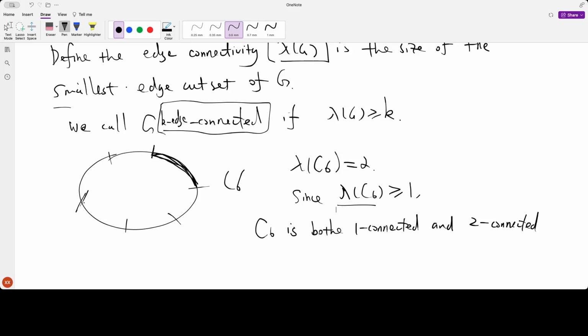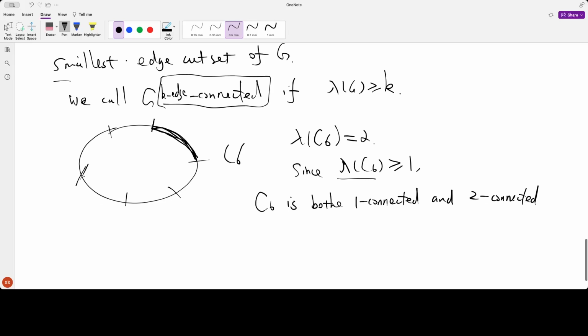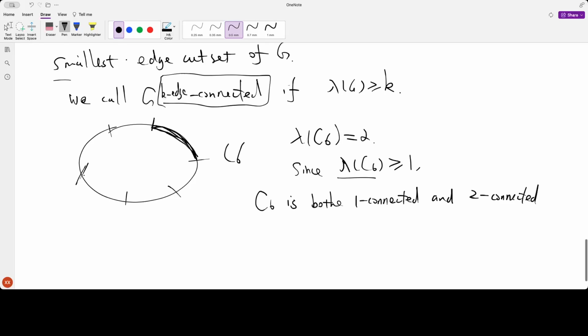So it's greater than or equal to 1 and also greater or equal than 2. Okay? Is it clear? So I think it's natural.